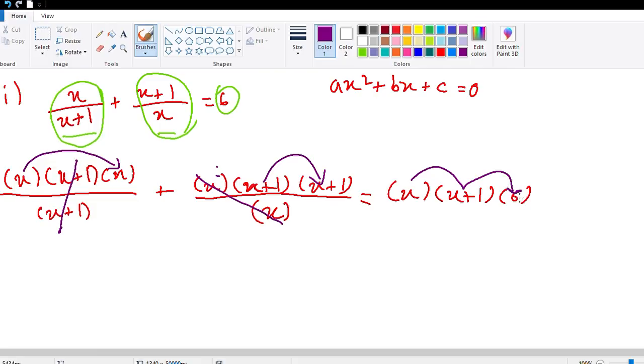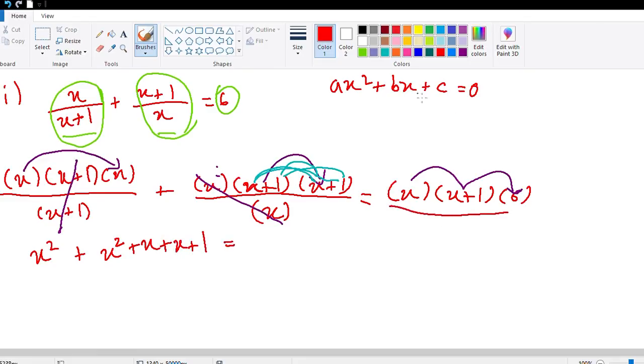So x and x is x squared, plus this x and this x is x squared again. Let me explain: x multiplied by x is x squared, x multiplied by 1 is x, 1 multiplied by x is x, and 1 multiplied by 1 is 1. Let's write that all down, plus x plus 1 equal to this.